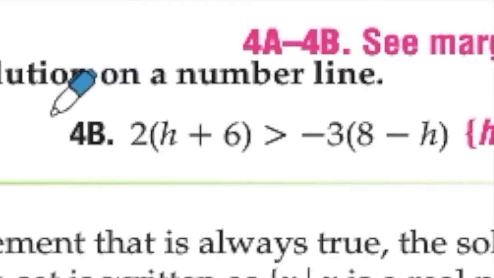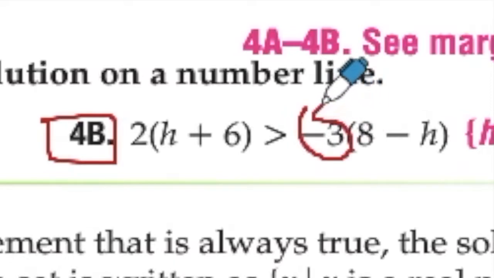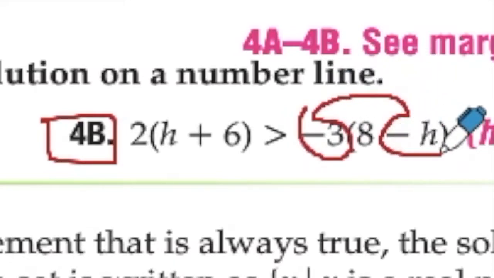On 4b, we need to distribute on both sides of the inequality sign. So we have 2h plus 12 is greater than negative 24 plus 3h. So again, that minus sign in front of the 3, the negative 3 gets distributed to negative h, making it positive 3h.